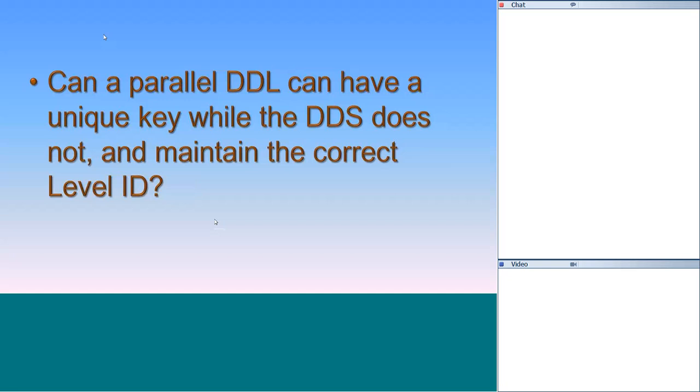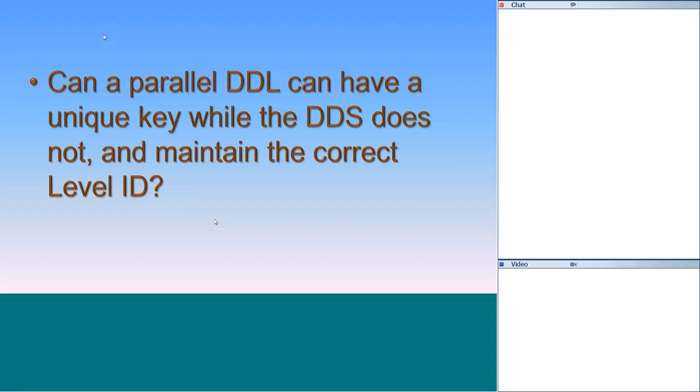A different record format name will give you a different level ID. More or fewer fields in the record will change the level ID. A different sequence of fields in the file will change the level ID.